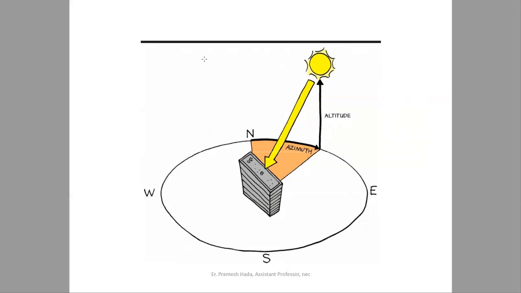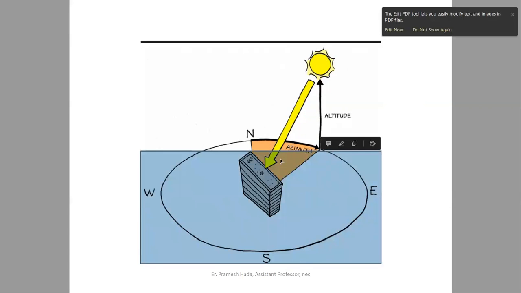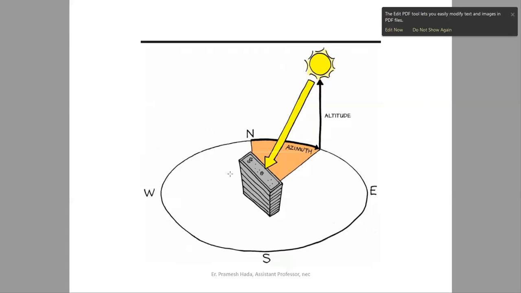Basically, azimuth is the horizontal angle between the vertical projection of any point that is in space. If its vertical position arises here, that means at the ground here, then the angle from the actual north to that point is the azimuth.